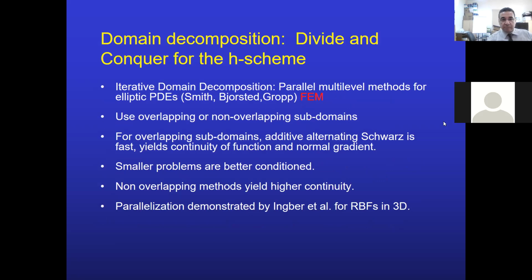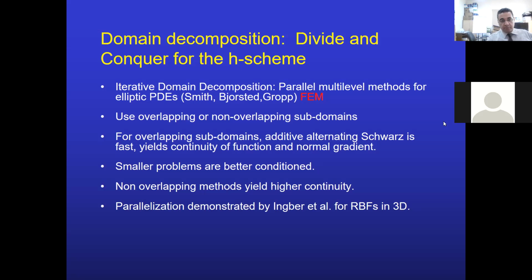Okay, now domain decomposition is a divide and conquer scheme, and one of the more or less standard books is that of Smith, Bjorstad, and Gropp. And I want to point out that these schemes are iterative. They're not exact, because when you try to solve things iteratively, it could converge.